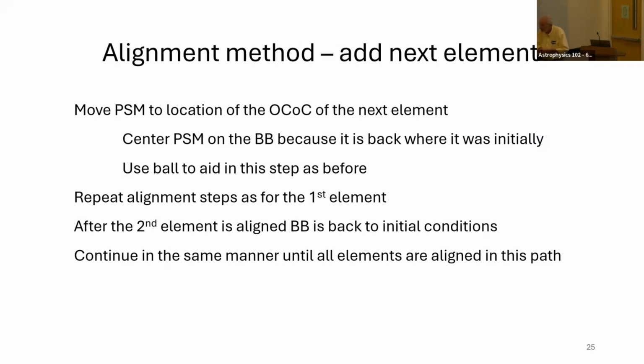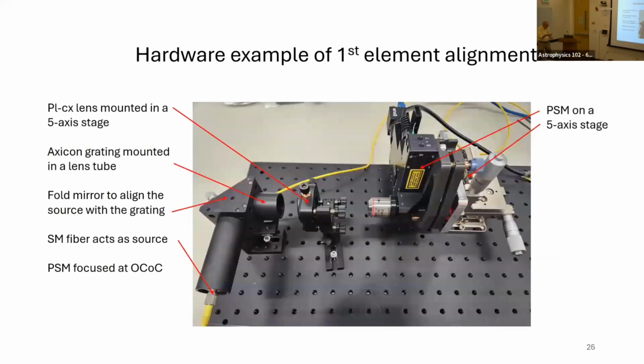Yes. Is the point source microscope generating the Bessel beams, or are there separate sources? I'm separately generating it, in the next slide. I'm generating the Bessel beam here. This is the PSM. It's got its own internal source. I think it's a plano-convex lens here.